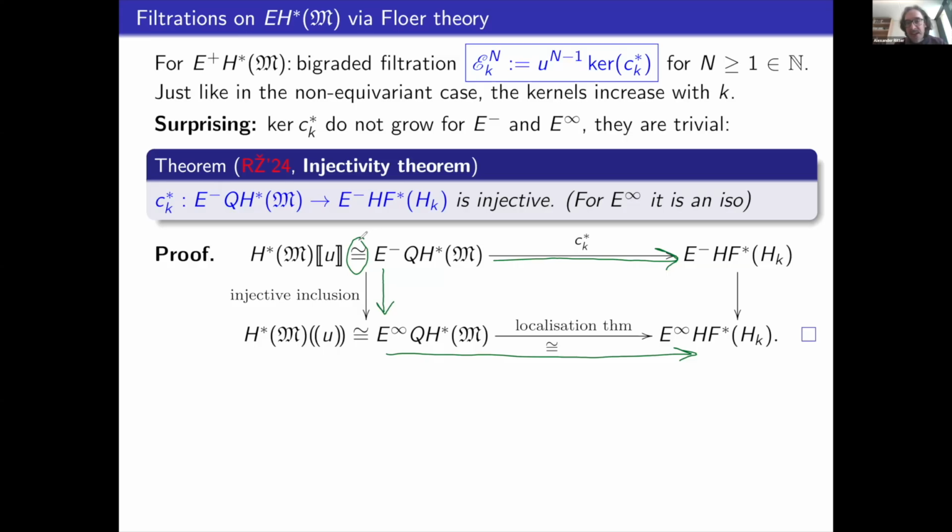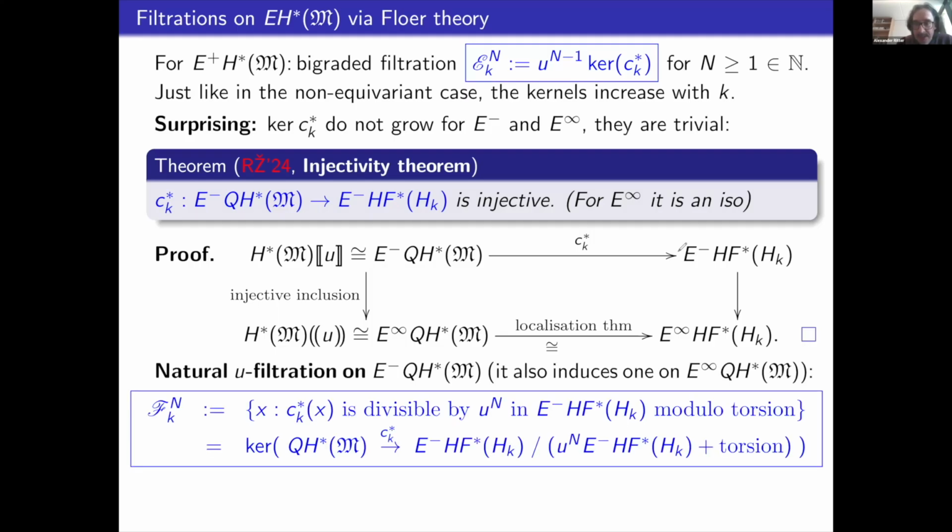So on the left we have an injective map, and if we go downwards and to the right, we get an injective map. That means the top map composite is injective, which means this top continuation map is injective, which is quite surprising. Okay, so let me clear these drawings.